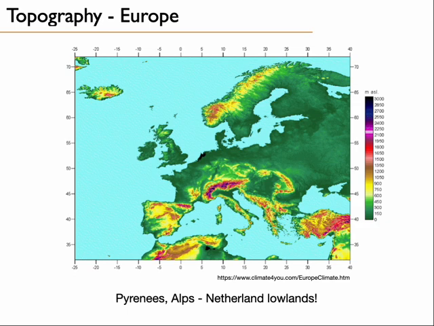So if we go back to Europe, now let's have a look at the elevation. And what you see here on this map are regions of very high elevation. And these are, of course, at the current day, the Alps. So the Alpine arc is marked here in saturated colors, purple, pinkish, and the Pyrenees.